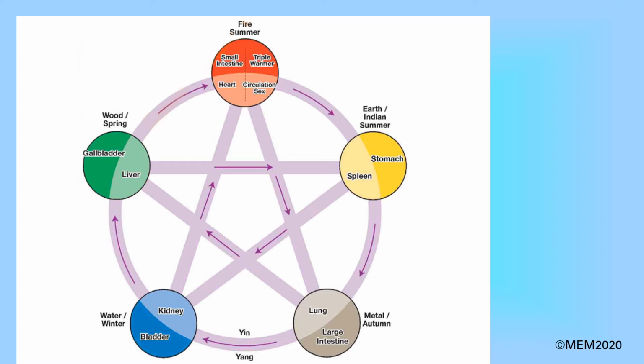Fire, the summer, has small intestine, triple warmer, heart, and circulation, sex. Earth is the yellow with spleen and stomach, and metal is autumn with lung and large intestine. So these are where the respective meridians are located within the rhythm cycle and within each center of the rhythm.